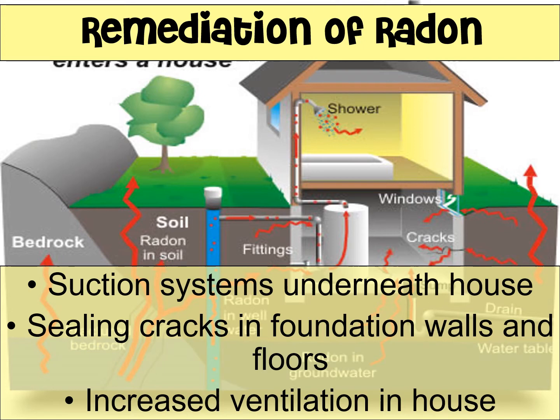Other options involve sealing the cracks in the foundations of your house, so that it's more difficult for the gas to travel into your house. And lastly, you can increase the ventilation in your house. Obviously, this is not possible for areas that are extremely cold or extremely warm, but if you do create the flow of air in your house, then you won't get an accumulation of radon gas.